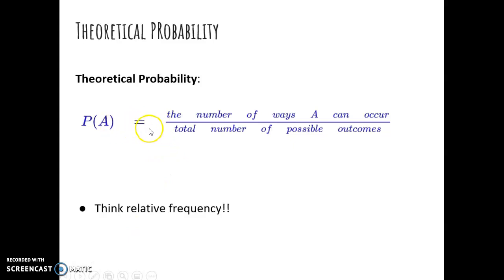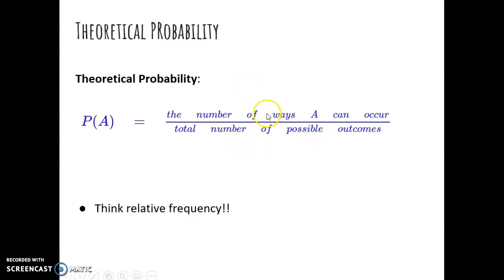So probability of A for theoretical probability is the number of ways A can occur. So you have to figure out how many ways can you toss a coin and it land on heads, or how many ways can you roll an odd number on a die, and that would be the number that goes on top, and on the bottom is the total possible outcomes in all, and then you just divide the two.